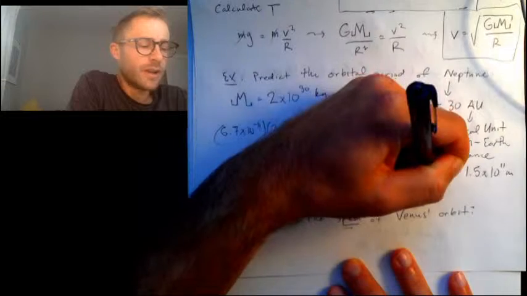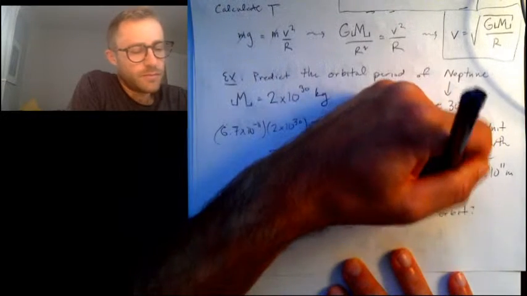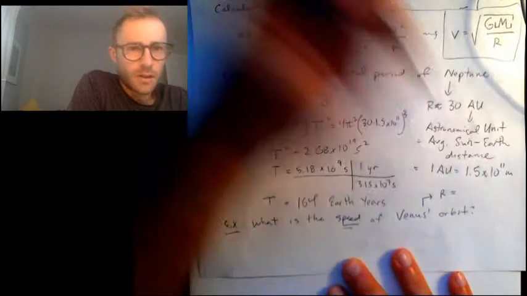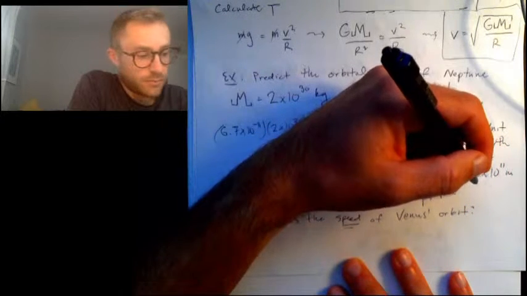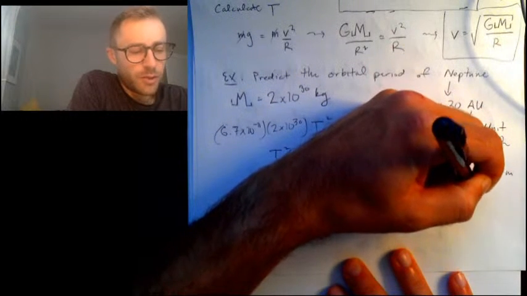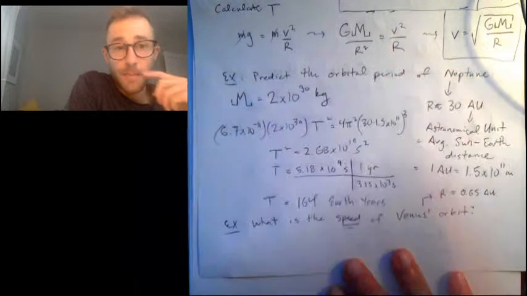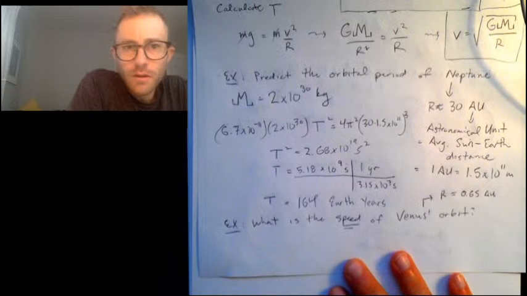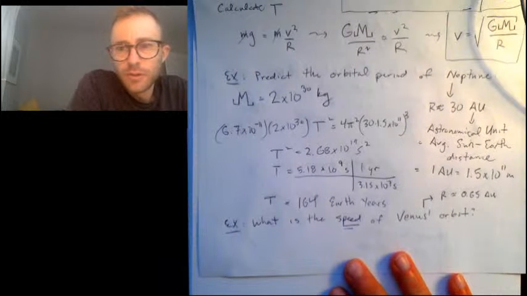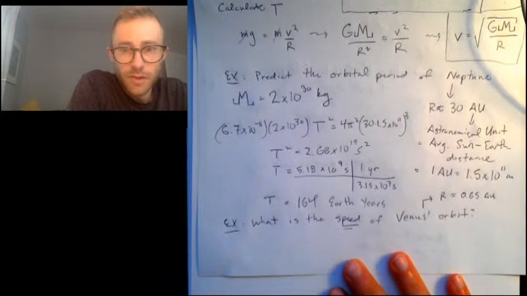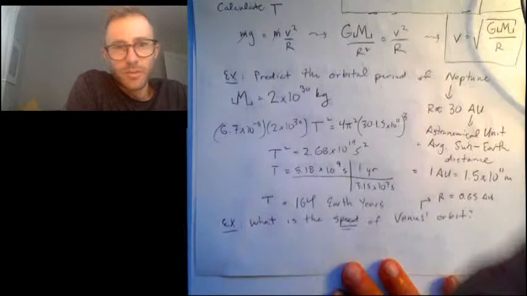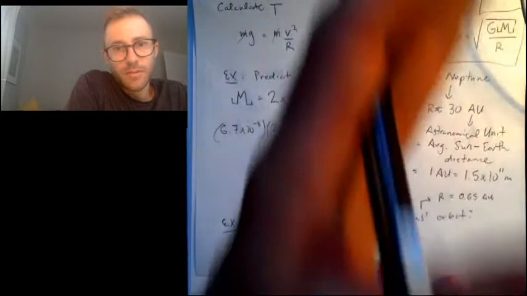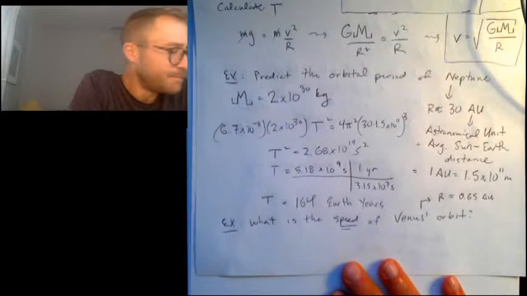So Venus has an orbital radius of approximately, and I'm just ballparking it, about 0.65 AU. All right. So it's closer to the sun than Earth is. How do I remember it? Mercury is about a third of an AU. Venus is about 2/3 of an AU.